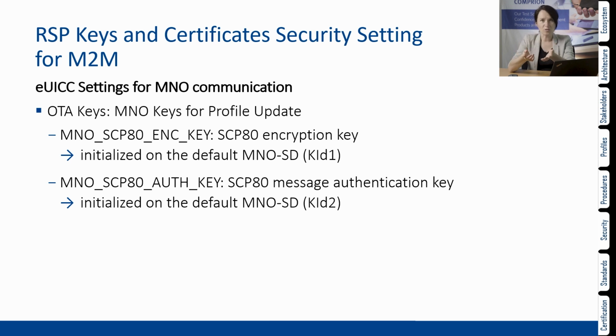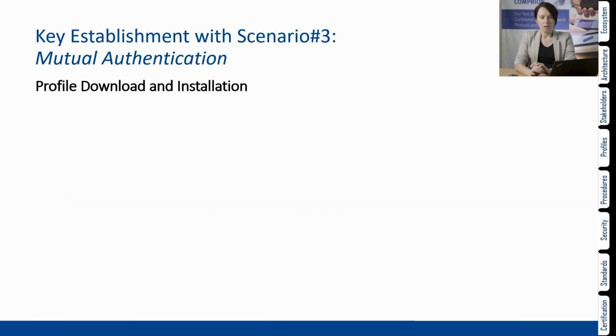And the other keys, which were mentioned on the previous slides, are the remote SIM provisioning keys. These remote SIM provisioning keys are used for the actual remote SIM provisioning, the profile download, and the security around the encryption, enabling and disabling. I hope it's clear now.